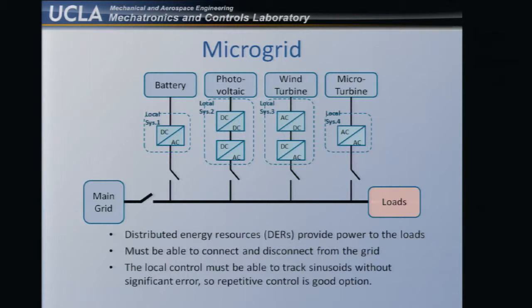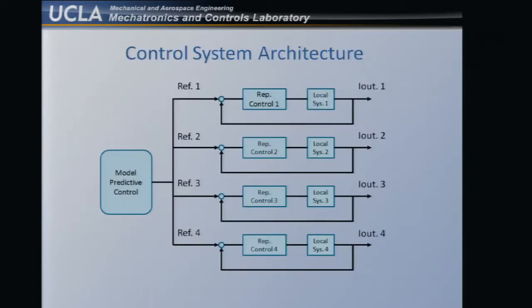Each DER has some local control, and the local control must be able to track a 60 hertz sinusoid without significant error. We work on a particular control algorithm and compare it with other popular control algorithms to see the effect of this control algorithm.